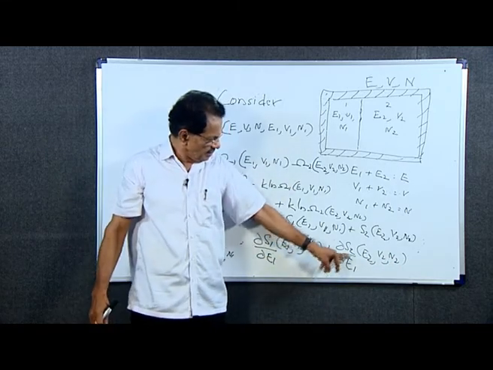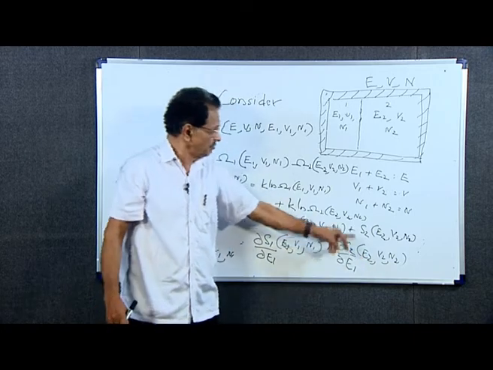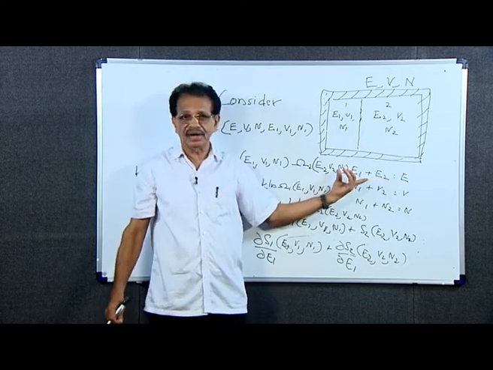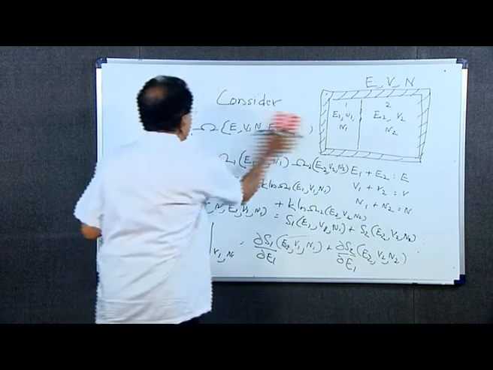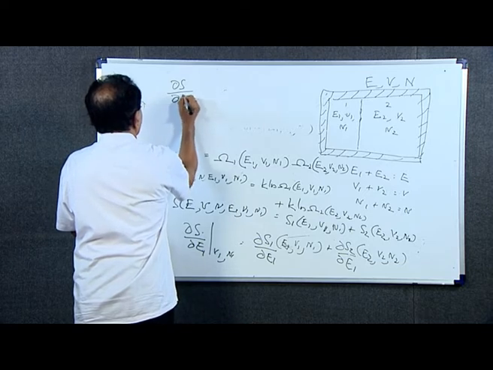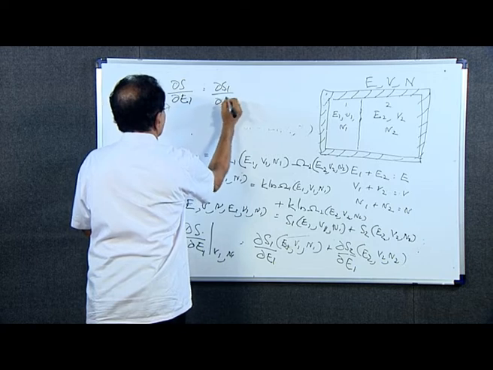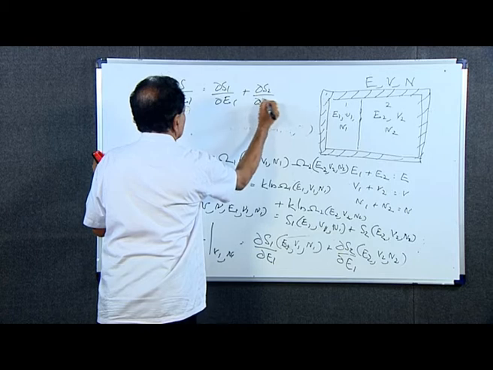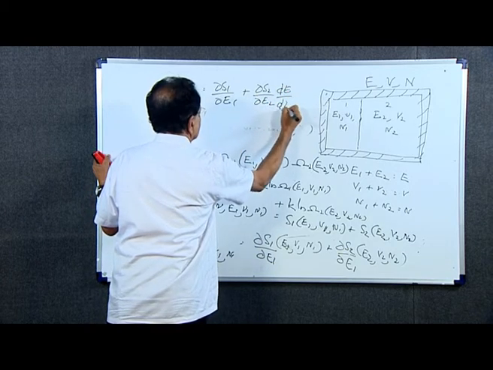But S2 is a function of E2, and as we know from the constraint E1 plus E2 is E, E2 is E minus E1. So ∂S/∂E1 can be written as ∂S1/∂E1 plus ∂S2/∂E2 times dE2/dE1.